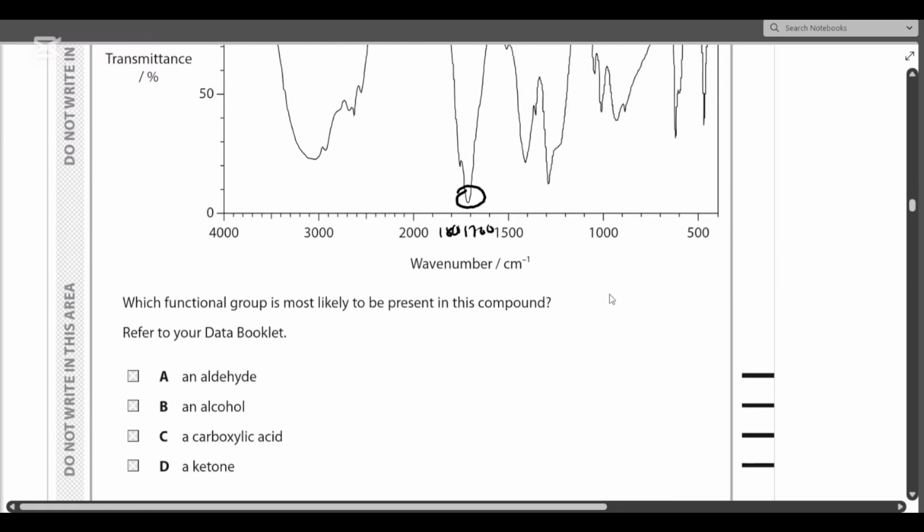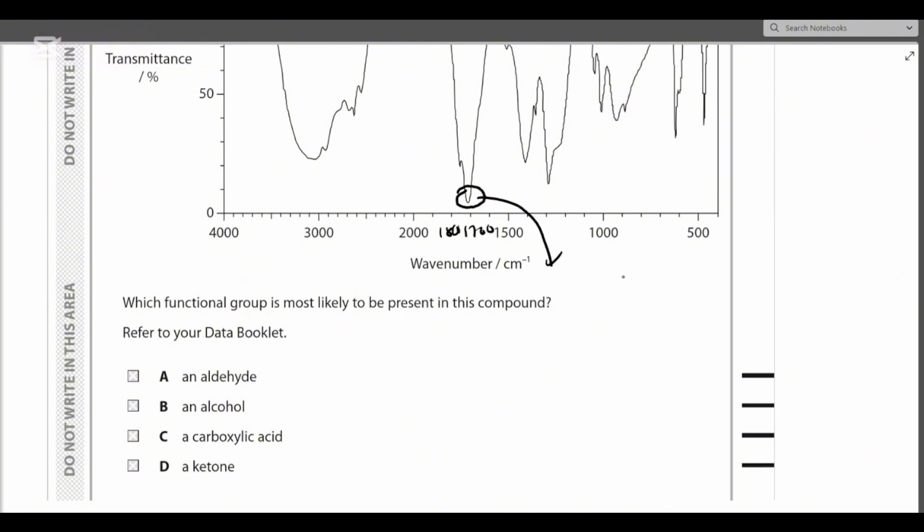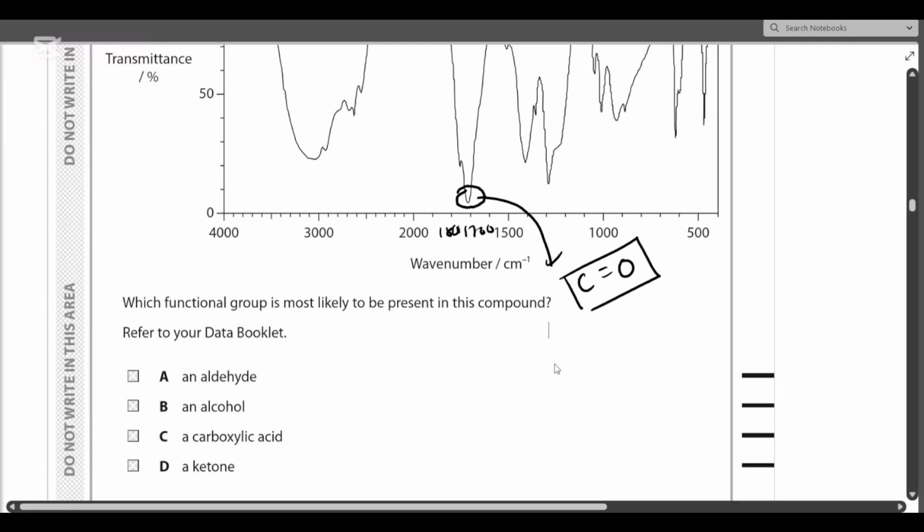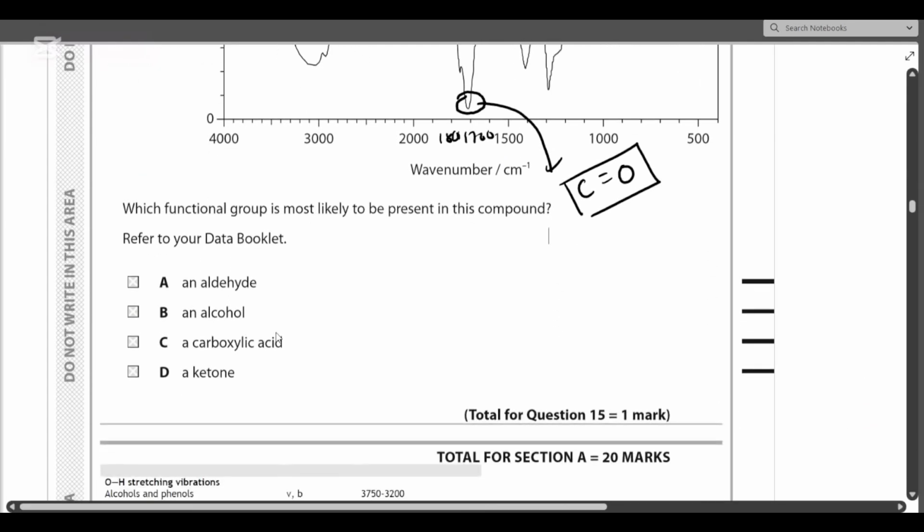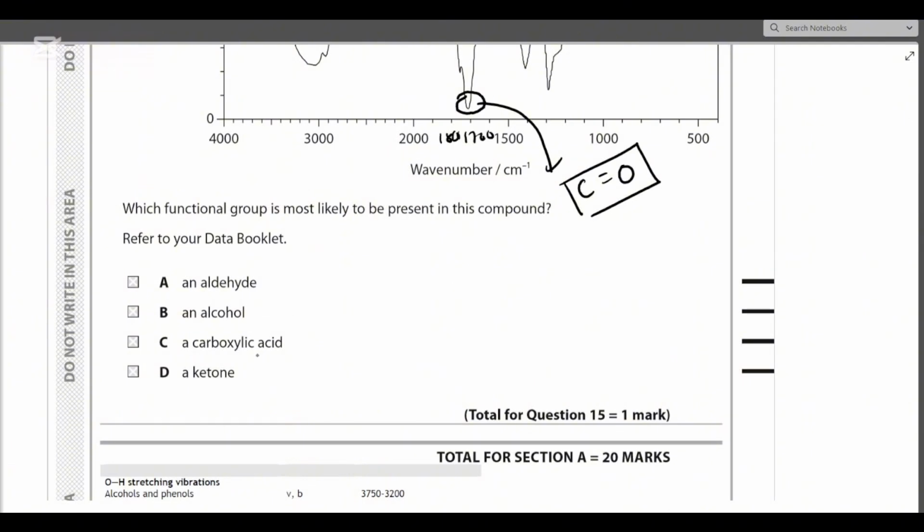So we can say that this right here identifies the presence of a carbonyl group. So this basically instantly omits, we can say, aldehyde. Can we say aldehyde? We're not sure about that. We need to check more.